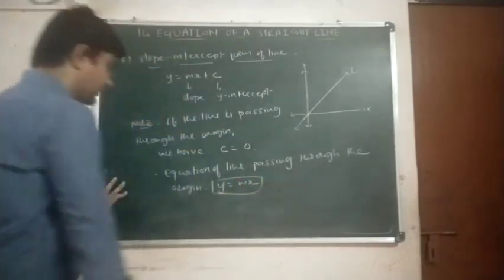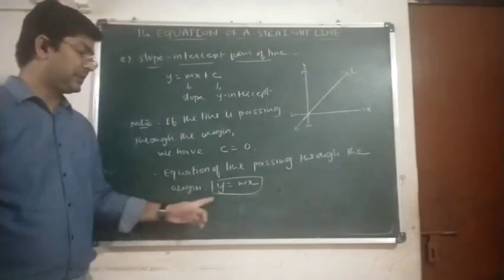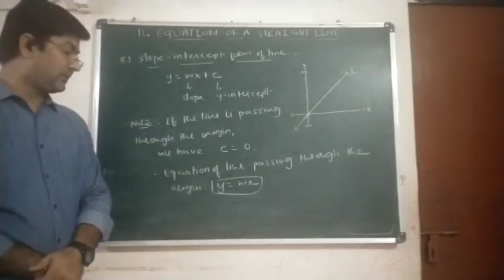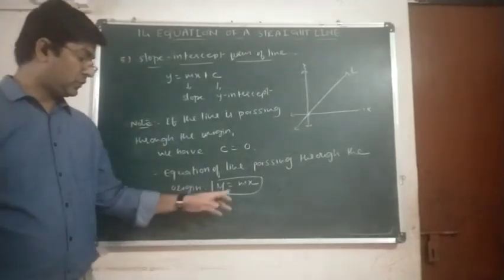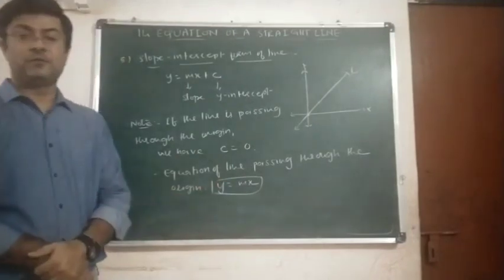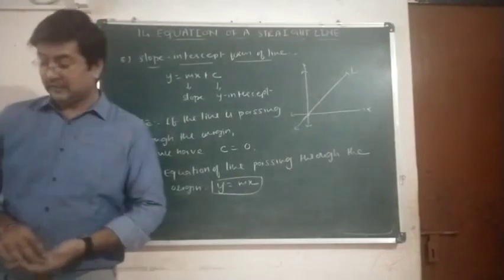Okay, so this is the formula to be used when it is mentioned in the question that the line passes through the origin. You can directly put this formula, y is equal to mx. So only by knowing the value of m, that is the slope, you can form the equation. Clear?